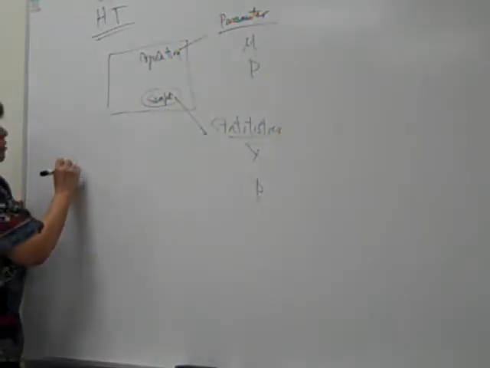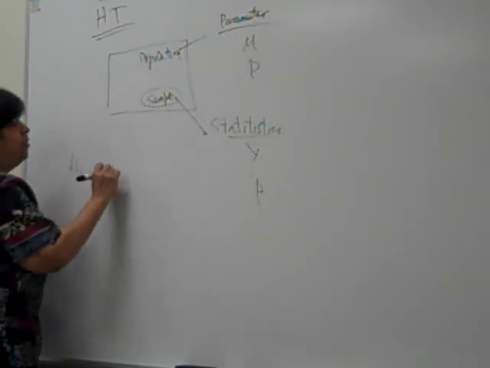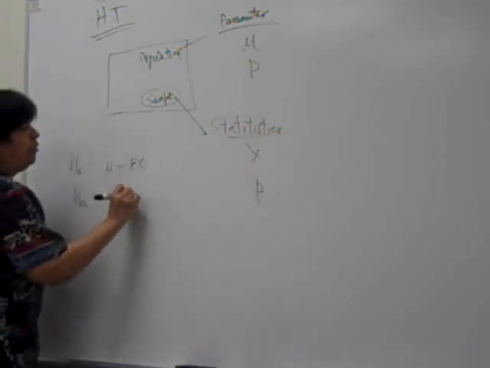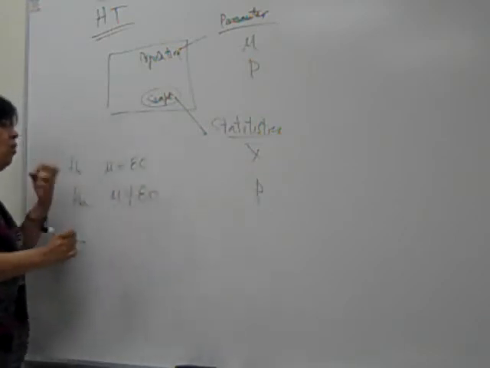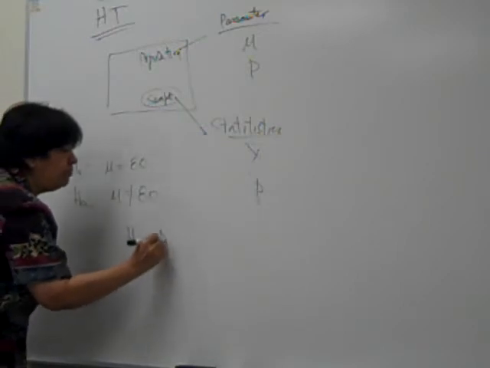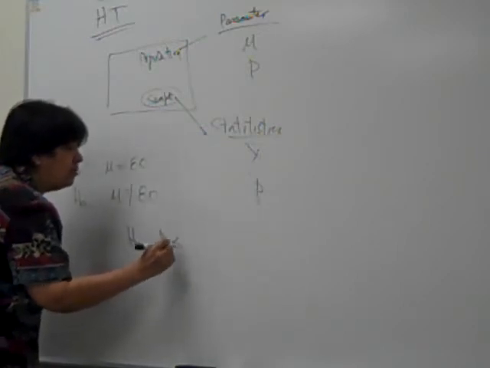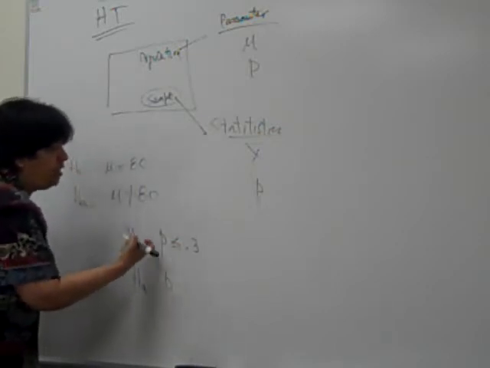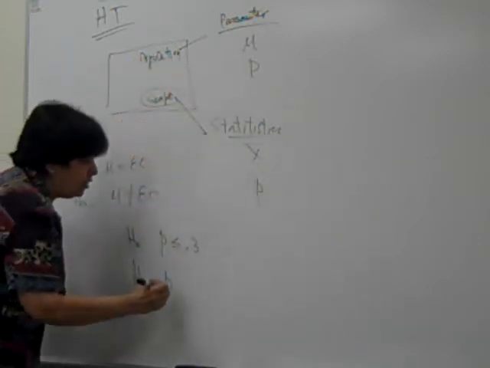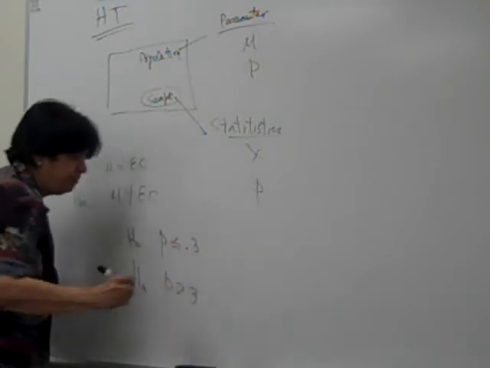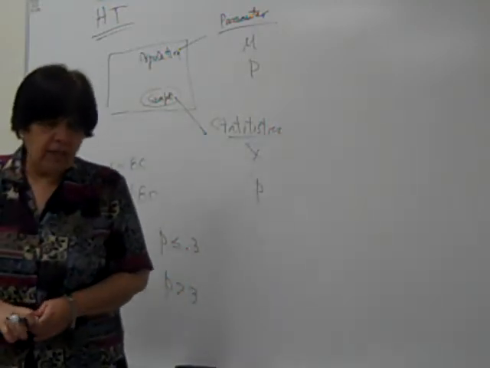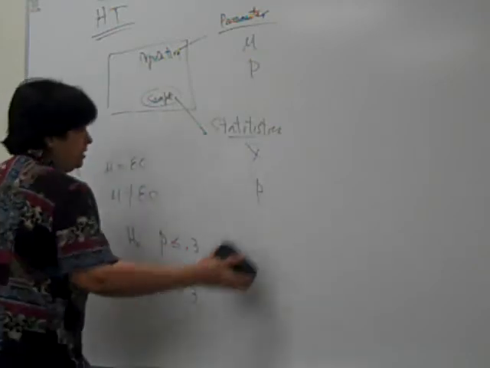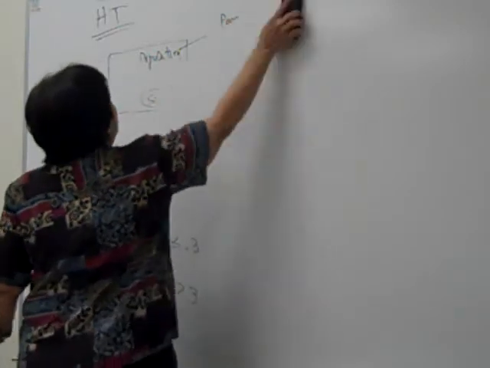For example, we are going to have that mu is equal to 80 against that mu is not equal to 80, or that p is less or equal than 0.3 against that the population proportion is greater than 0.3. So, as you can see, in every hypothesis testing, we have two hypotheses.